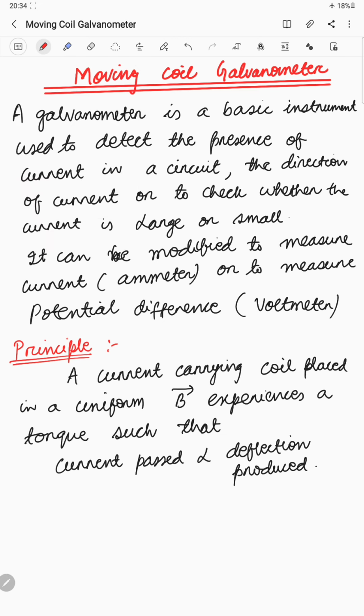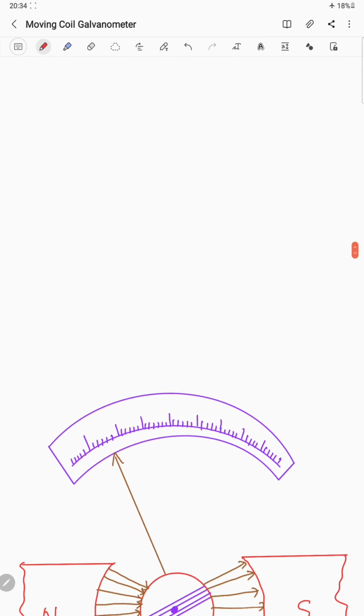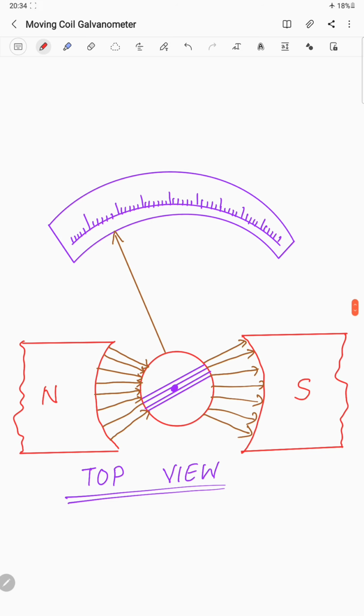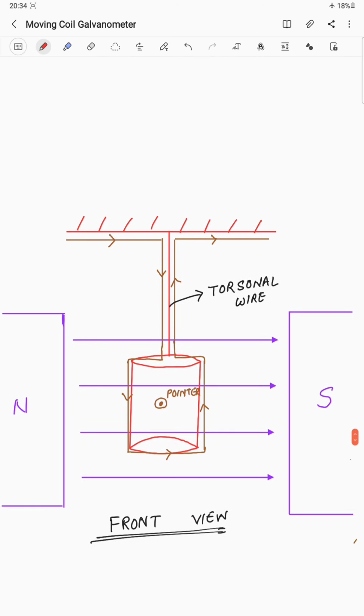Next comes the construction part. How can we make it? Construction. In order to explain you the construction part, I will take the help of 2 diagrams. This is the top view of the moving coil galvanometer, and this one is the front view. This is the north pole and the south pole of a horseshoe shaped magnet.